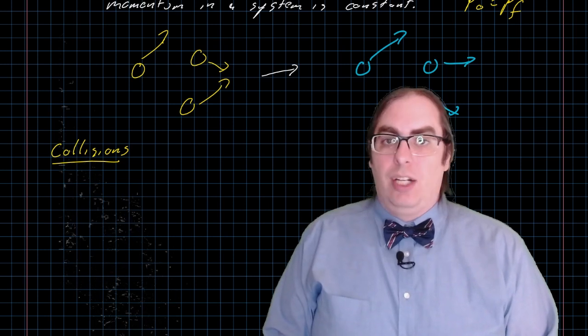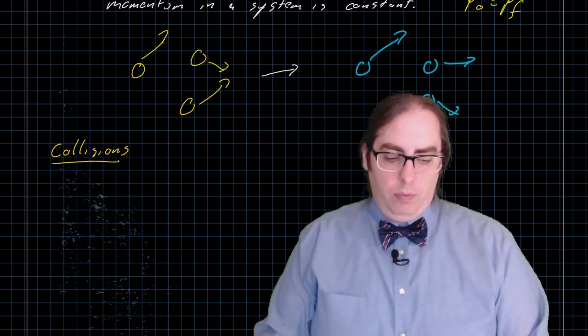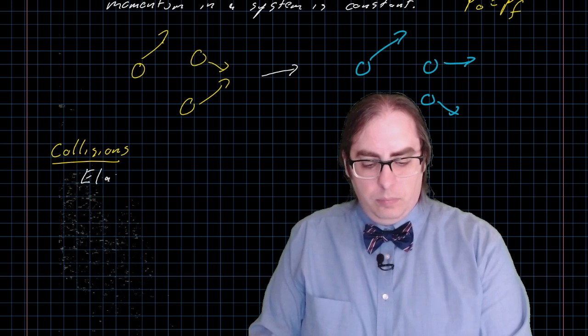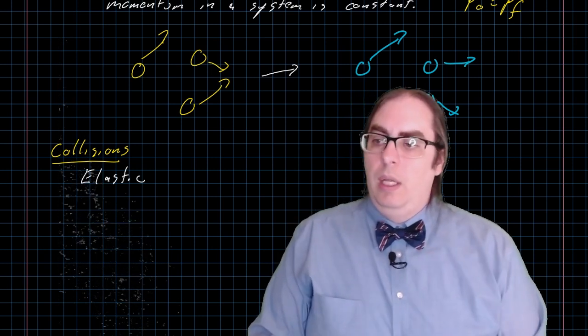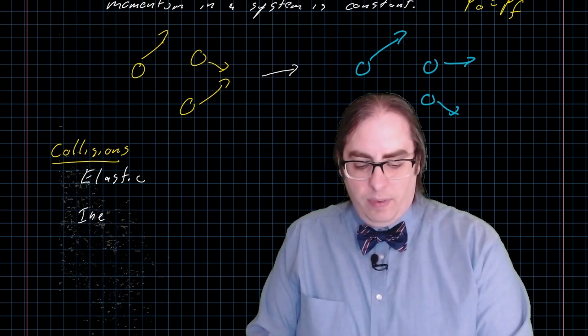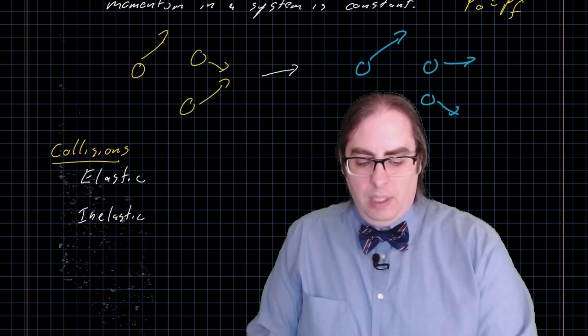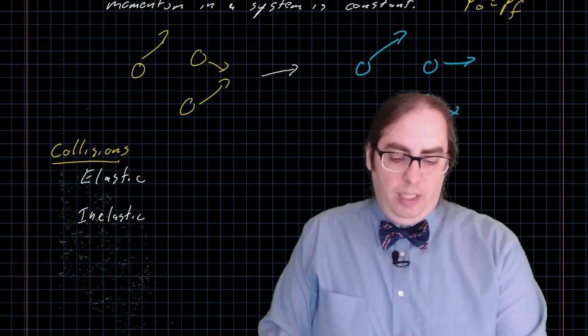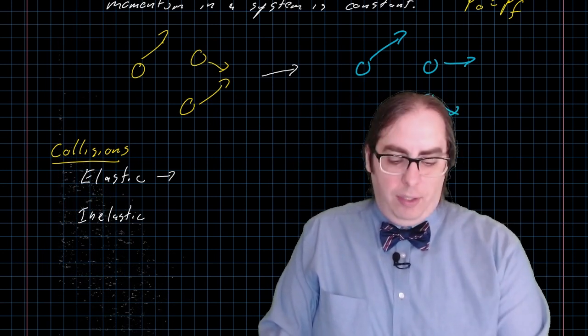Collisions do get categorized in 2 different forms. Collisions can be either elastic or inelastic. When I think of an elastic collision, I do think about billiard balls.